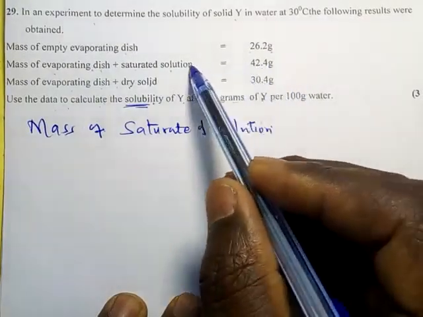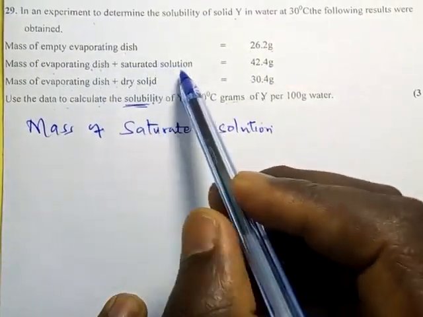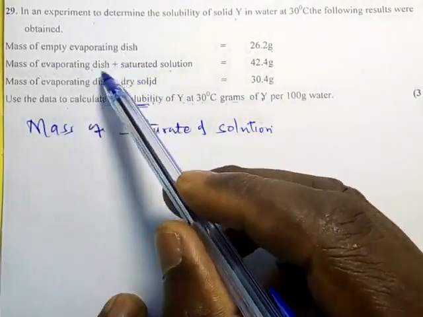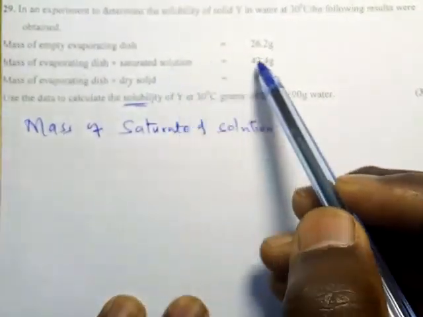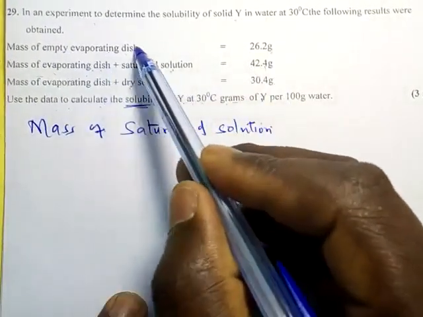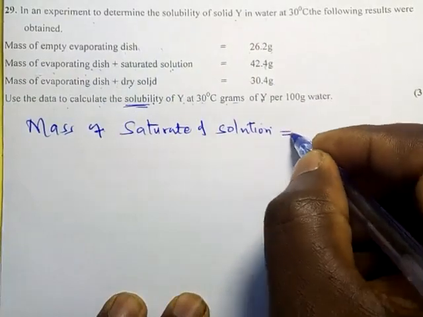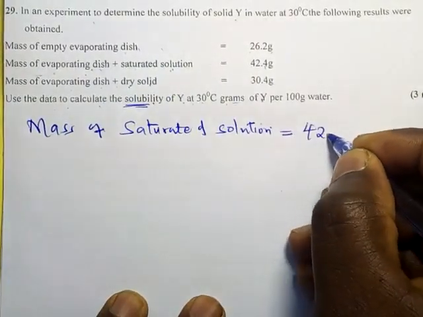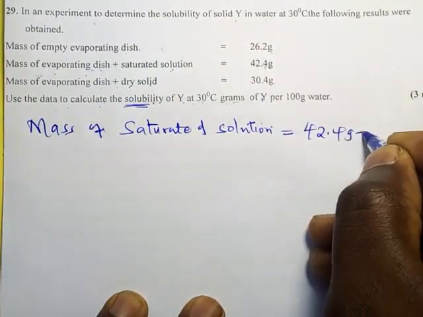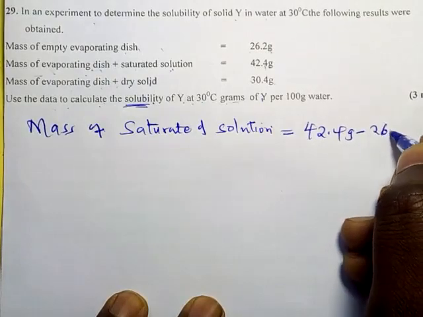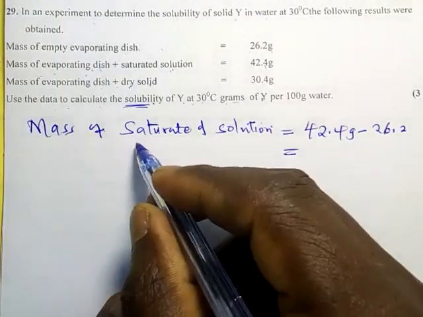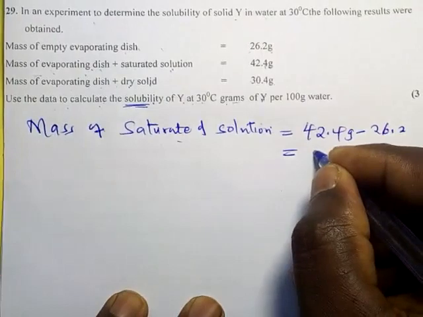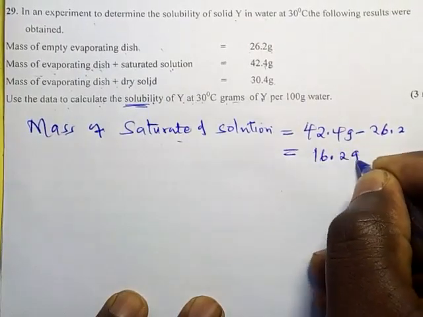So how do we get the mass of the saturated solution alone? We take the total mass of the dish and the saturated solution and subtract the mass of the empty evaporating dish. So that is 42.4 grams minus 26.2. So the mass of saturated solution is 16.2 grams.